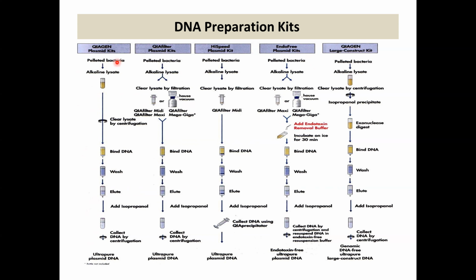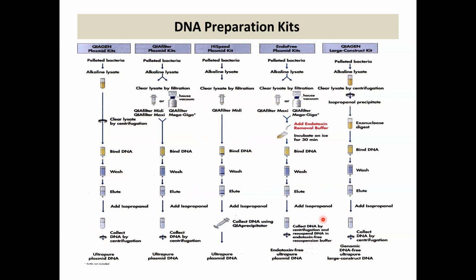We pellet the bacteria, then you have the alkaline lysate, and then the cleared lysate. By using centrifugation, it will bind the DNA. Then you wash it using your buffer, then add the elution solution. Then you could add isopropanol, and collect the DNA by centrifugation, so you get ultra pure plasmid DNA.